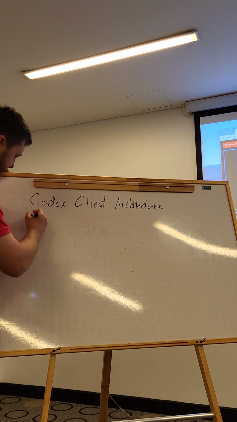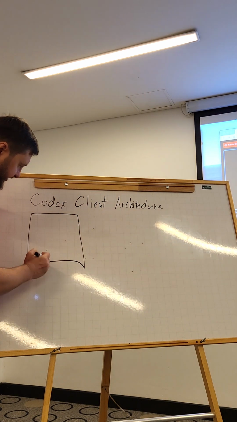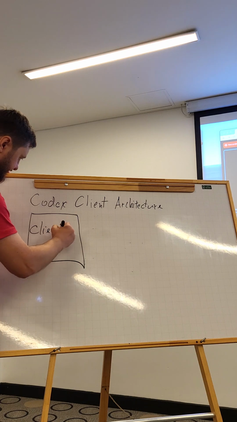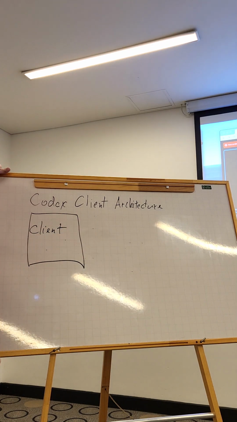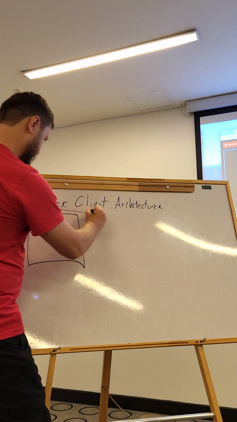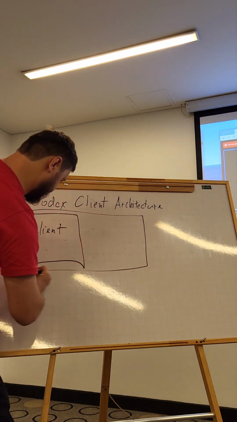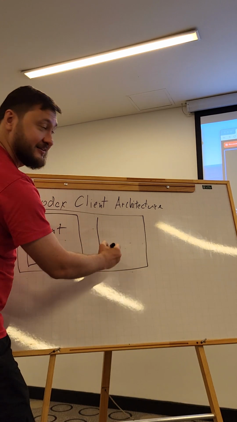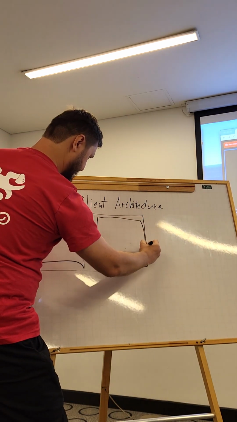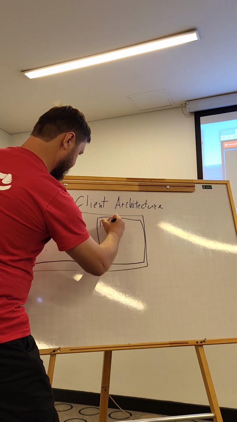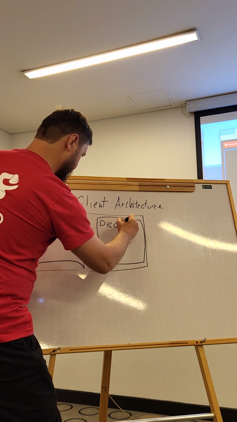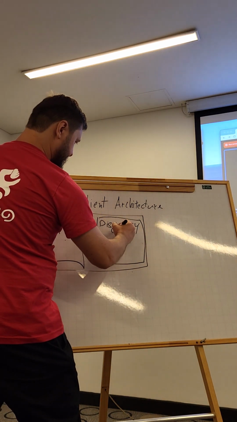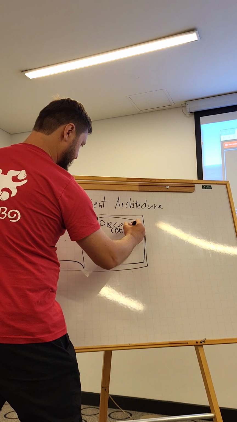I'm going to draw a box, which we'll assume is the Codex client itself. This is discovery, and discovery is DHT, right?